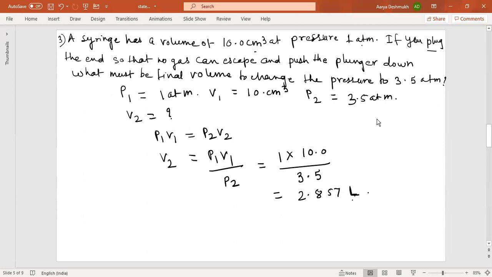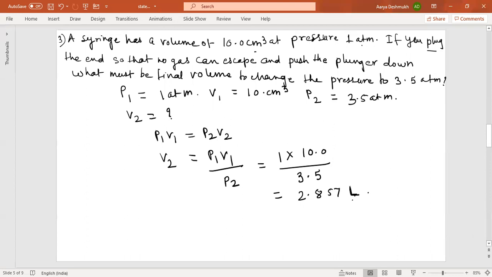Remember, unless it is specifically asked to calculate the volume in cubic centimeter, only then you need to convert this. Remember. Here these two terms are given in atmosphere, so you'll get the answer in liters. Remember.